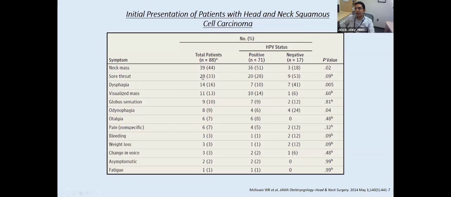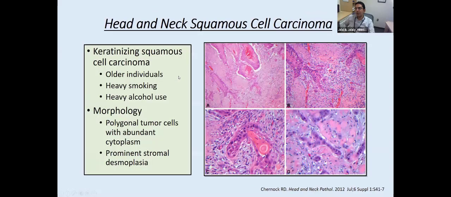It's important to think about squamous cell carcinoma in the head and neck as two different biologically distinct groups. Traditionally speaking, the typical squamous cell carcinoma that we think about in the head and neck usually is of the keratinizing type.